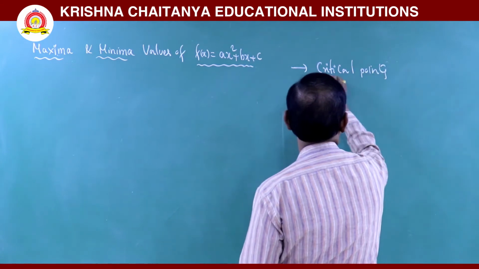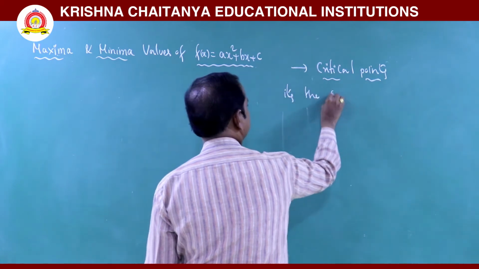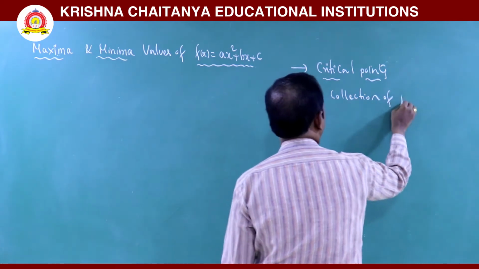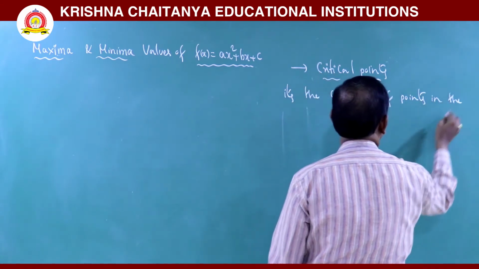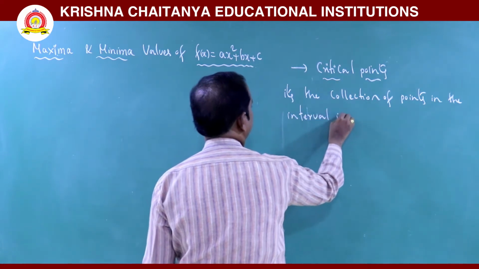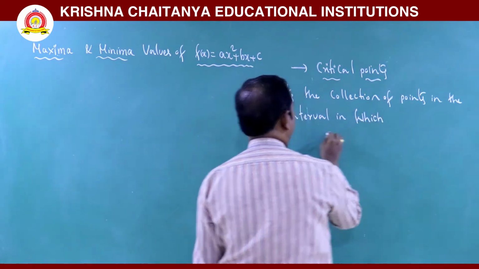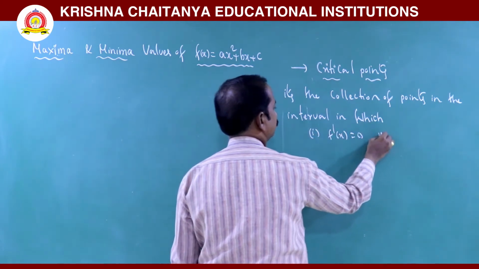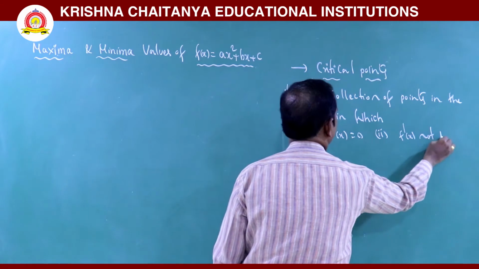So, what do critical points mean? It is the collection of points in the given interval in which f dash of x is equal to 0, otherwise f dash of x is not defined.